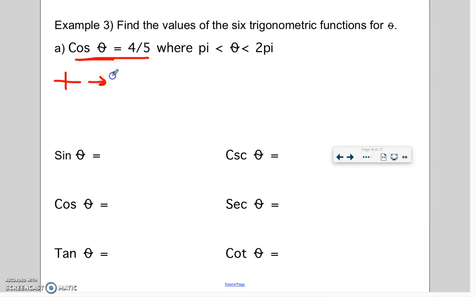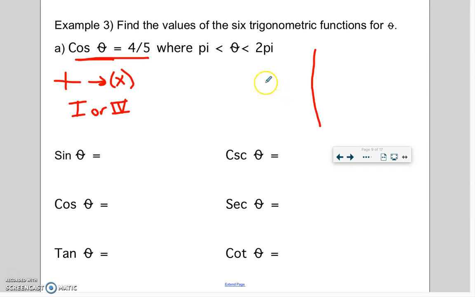And since cosine is talking about my x value, when it comes to the unit circle or a visual or my left and right movement, what quadrants is cosine of x positive? We're going to get quadrants 1 or quadrants 4. So right now we know this picture is either going to be going up or it's going to be going down.